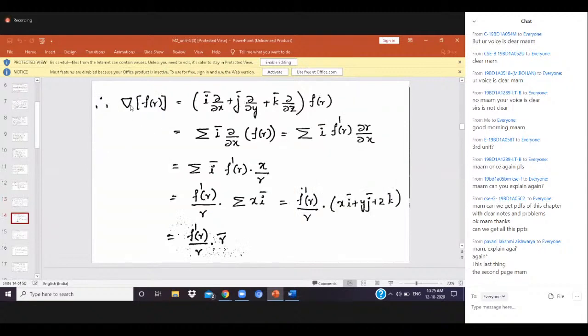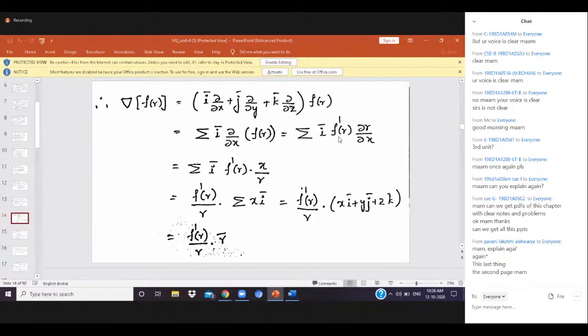So the formula of del is, we know, i bar dou by dou x plus j bar dou by dou y plus k bar dou by dou z into f of r. Here f is a function, and r is also a function of x comma y comma z. That means we are calculating the gradient of a function here. So that shortcut form we are applying, in summation form. Instead of writing i bar j bar k bar, we write the summation of i bar dou by dou x of f of r. Then this is the gradient of a function.